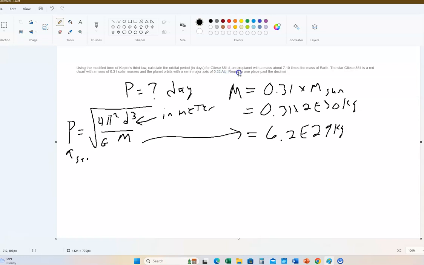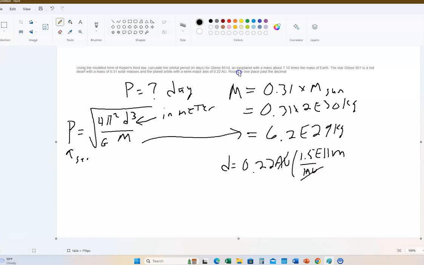So D is going to equal 0.22 AU. And so you just have to know how many meters there are in 1 AU. If you look on the formula sheet, there's 1.5 times 10 to the 11th meters. Usually I write it as 150 million kilometers, but we want it in meters here. That's 1 AU. And of course the AUs cancel.